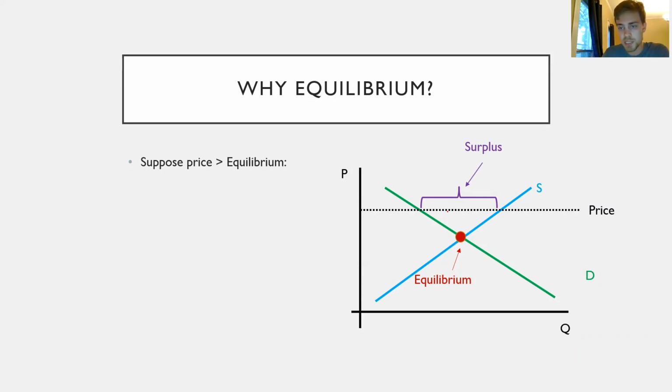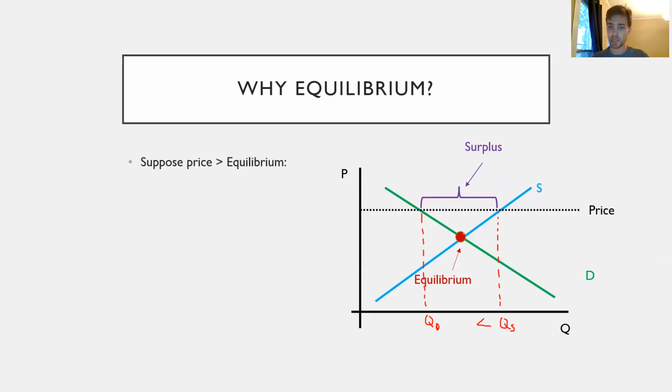If we set a price, this dashed line here, above our equilibrium point, this will give us a quantity supplied, QS, that is greater than our quantity demanded, QD here. And what that means is we have a surplus, right?